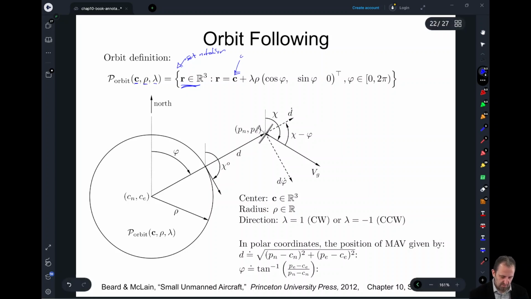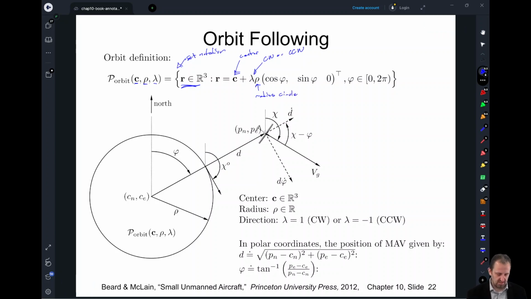So C is going to be our center of the circle. Lambda is going to tell us clockwise or counterclockwise. And rho is going to tell us the radius of the circle. Now, in terms of the set notation here, lambda actually doesn't matter.